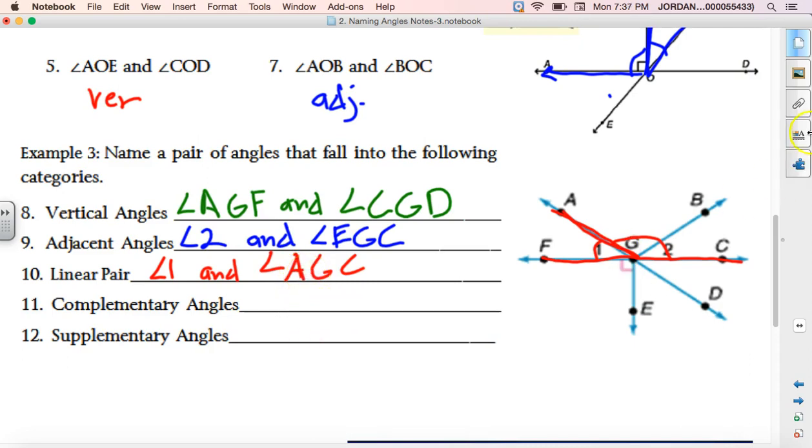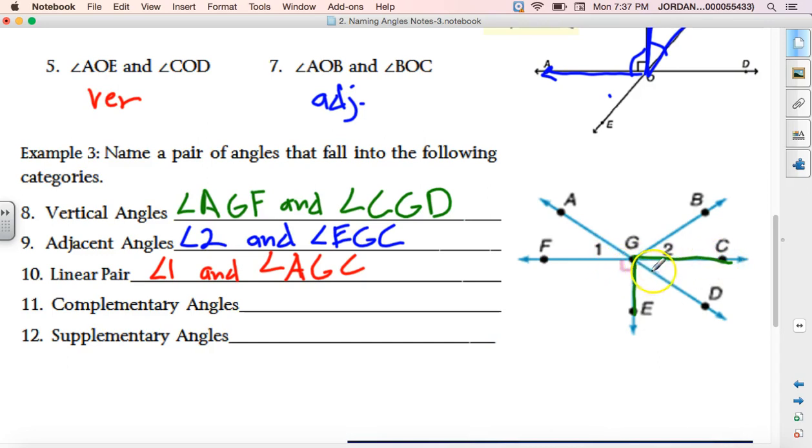Okay, now complementary angles. Complementary angles are two angles that form a 90-degree angle. Right here you've got a 90-degree angle from FG to E, but complementary angles are two angles that combine to make 90. So the only ones we could really use are the other side of this. We know that this is 90 because that makes a straight line.